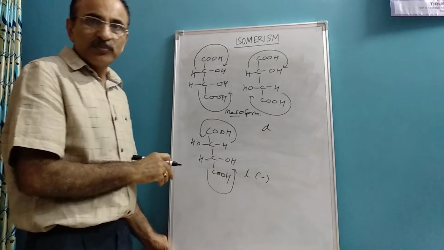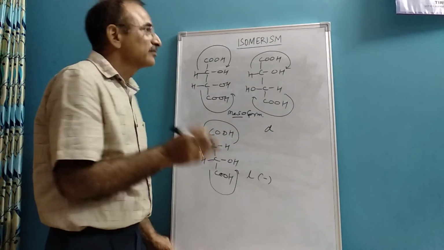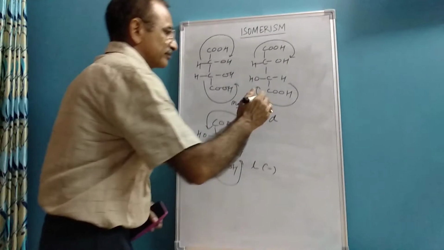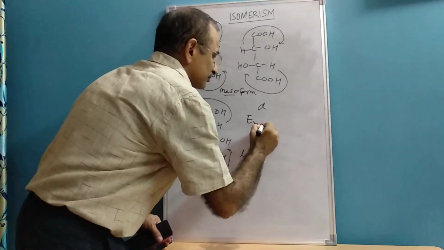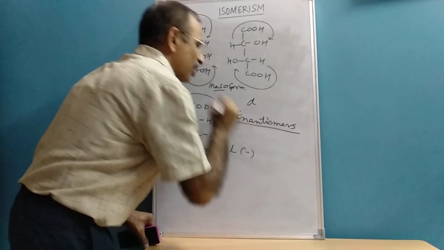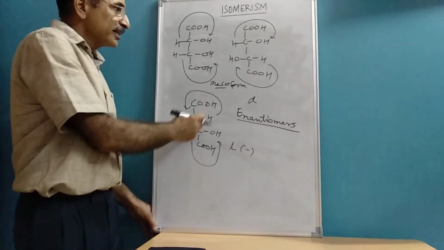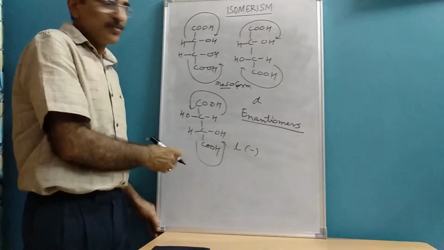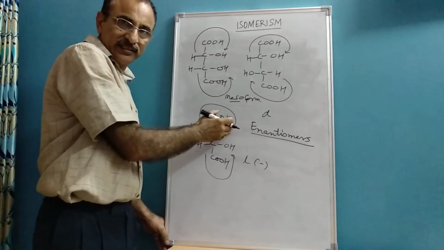Now we are coming up to enantiomers. Now observe the dextro and levo. They are mirror images.